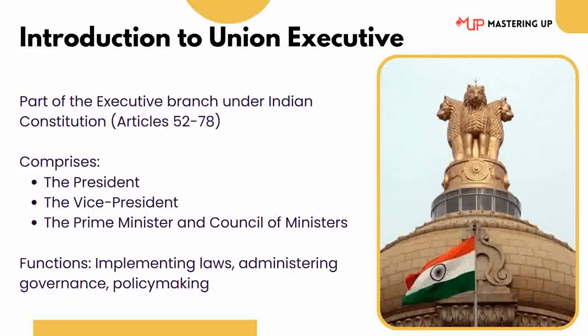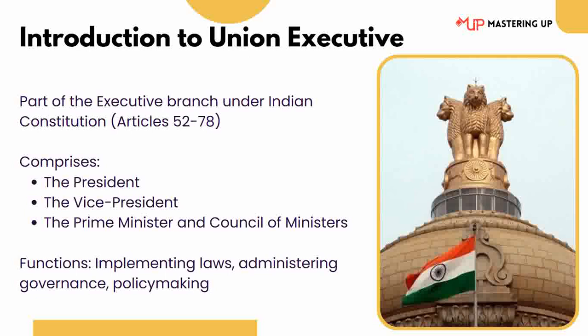The Union Executive is the executive branch of the central government under the Indian Constitution. It includes the President, the Vice President, the Prime Minister and the Council of Ministers.